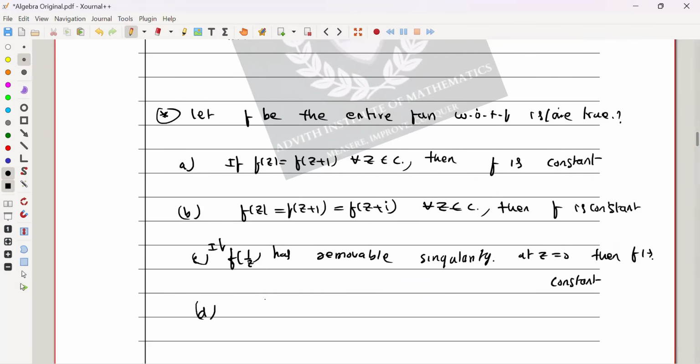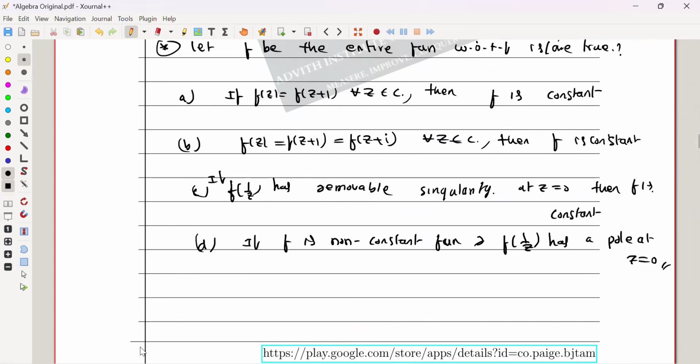And option D, if f is a non-constant function such that f of 1 by z has a pole at z equal to 0.